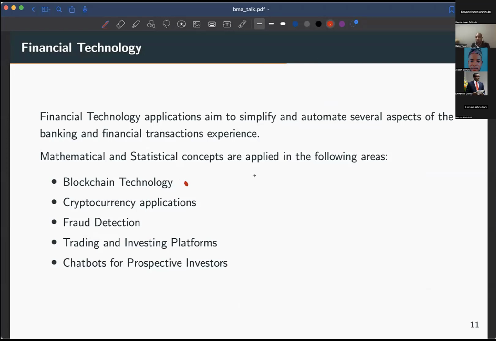And then cryptocurrency applications, which are built on different kinds of blockchain technology. Fraud detection, here we want to automate it, so you would use particularly AI and machine learning approaches. You can work on trade and investing platforms, things like Robinhood. I'm sure some of you might have heard of it.